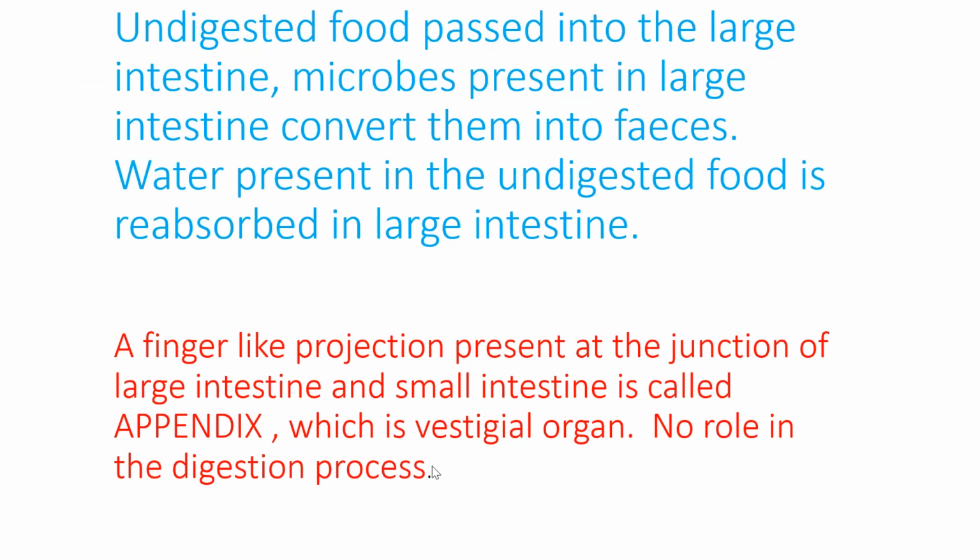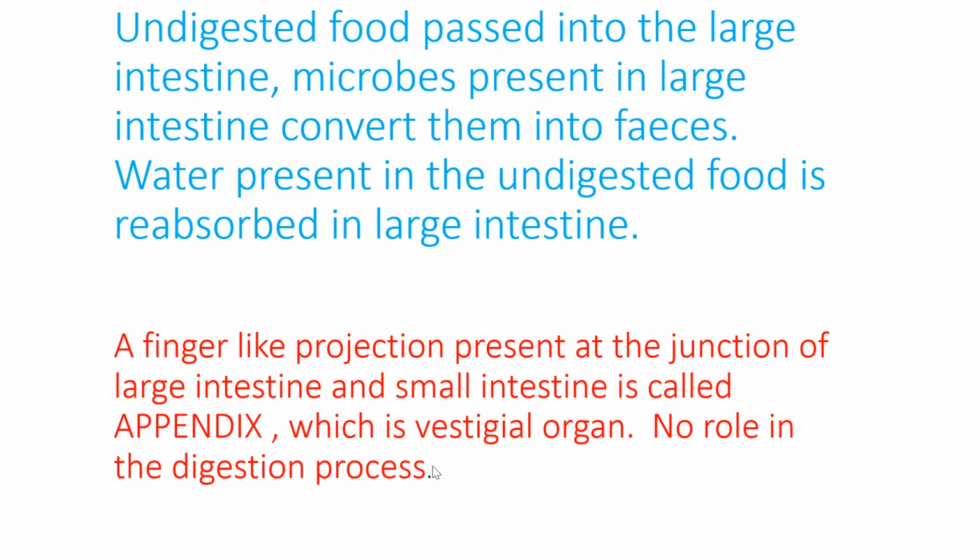Then undigested food is passed into the large intestine. Microbes present in the large intestine convert the undigested food into feces. The extra water present in the undigested food is reabsorbed in the large intestine.